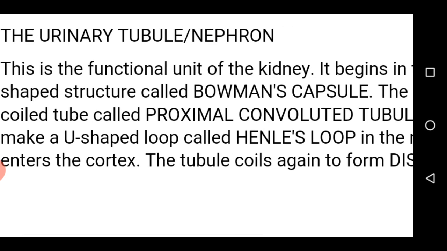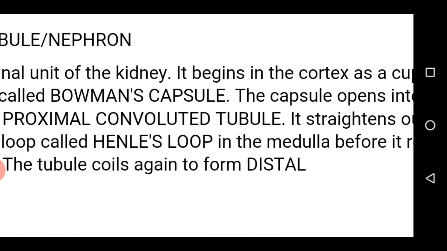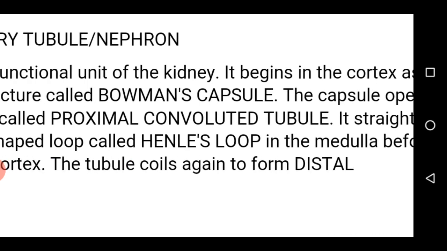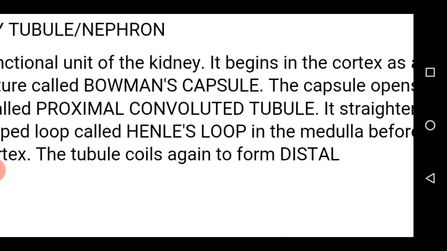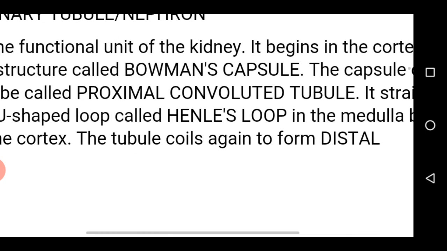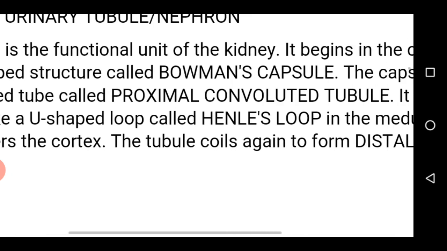I will show you all this on the diagram. Then the capsule opens into a coiled tube called the proximal convoluted tubule. This proximal convoluted tubule is a coiled tube, as I've mentioned. Then it straightens out to a U-shaped structure called Henle's loop.